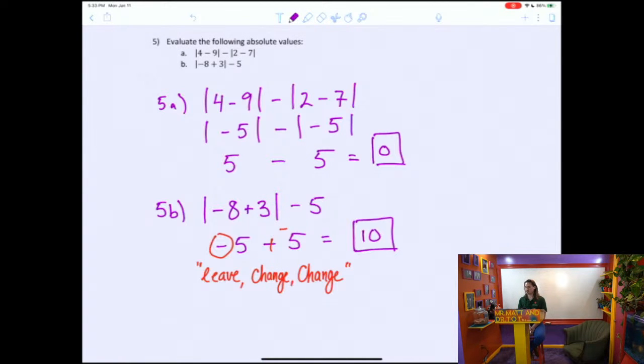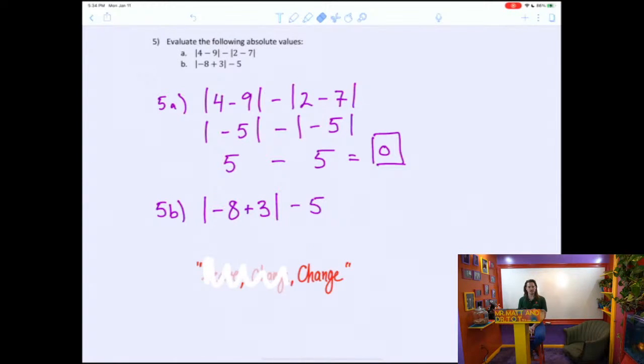So that's actually going to be 0 as well, because the absolute value of negative 5 is positive 5. 5 minus 5 is going to be 0. So my apologies, I flipped the sign there. So the answer to 5a is going to be 0. The answer to 5b is also 0 through different simplification pathways. Sorry about the confusion there.